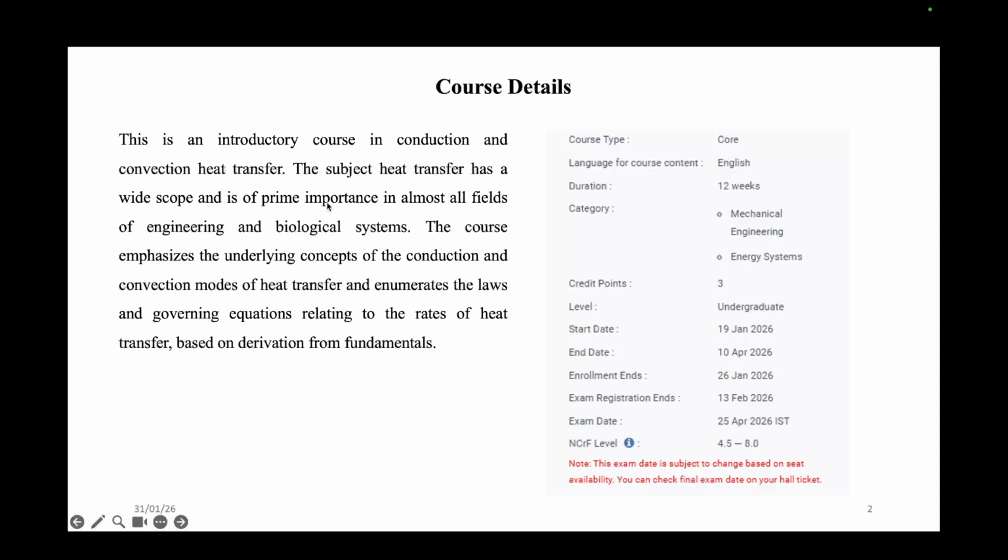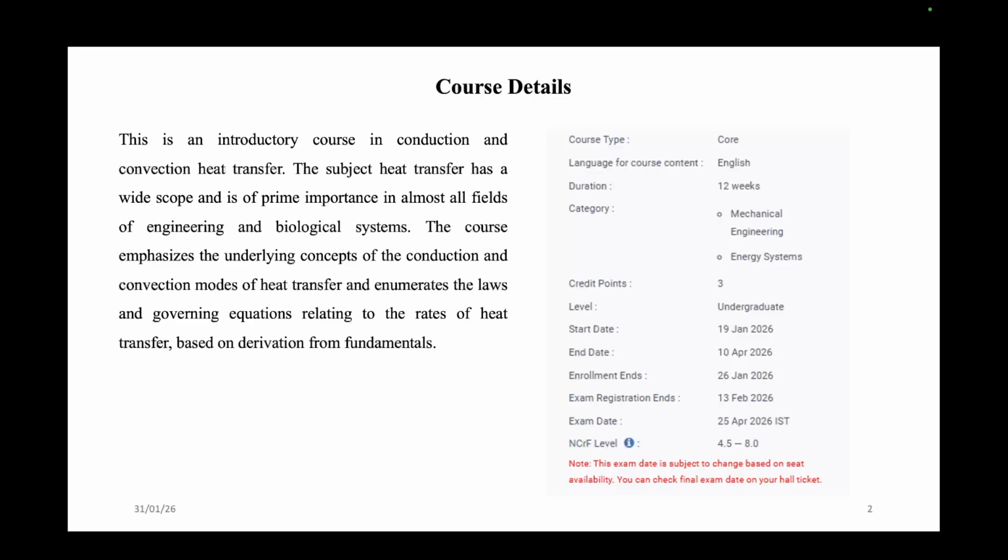Coming to the course details, why is this course vital for your curriculum? There are basically three modes of heat transfer which you will study: conduction, convection and radiation.